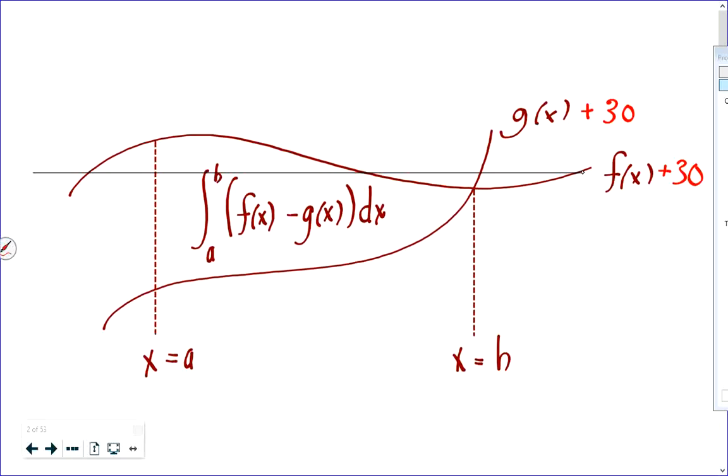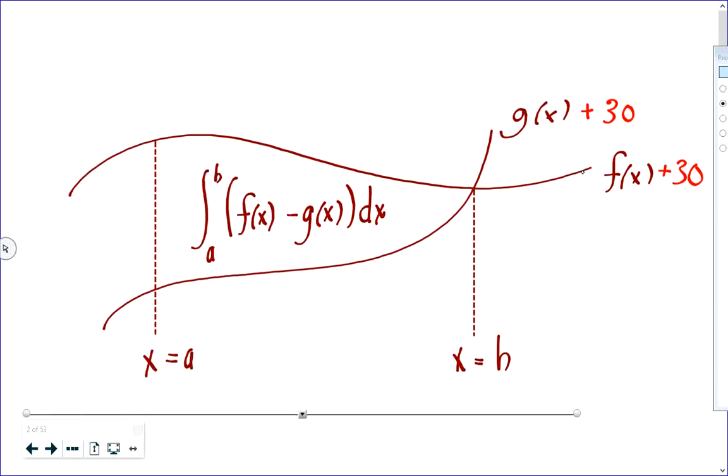Now, I don't have room to do that, but I hope you see that if I do shift these up 30 units, the x-axis will now be below the functions.